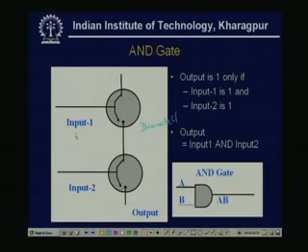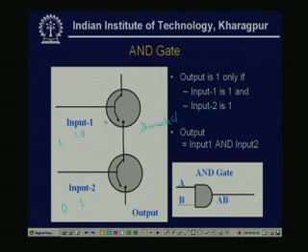Whatever be the case, if one input is 0, then the output is 0, even if the other is 1. And if both are disconnected, then obviously the output is 0, because there is no path for current flow.